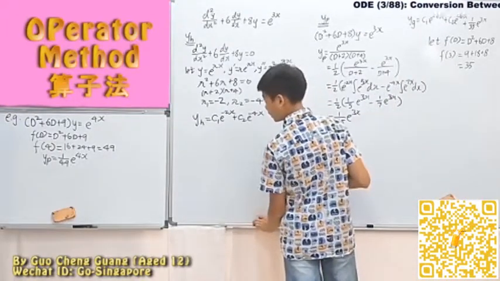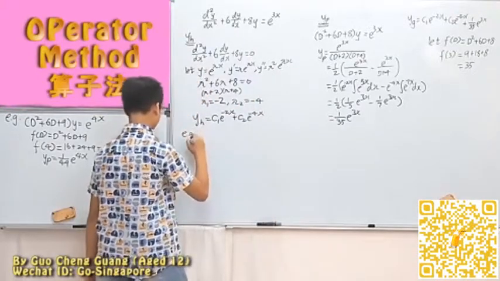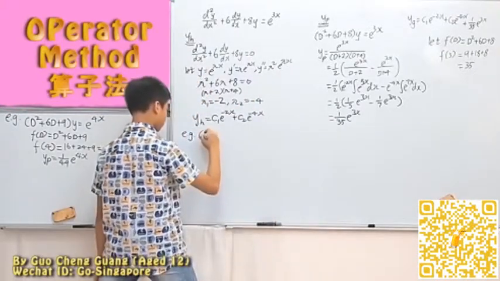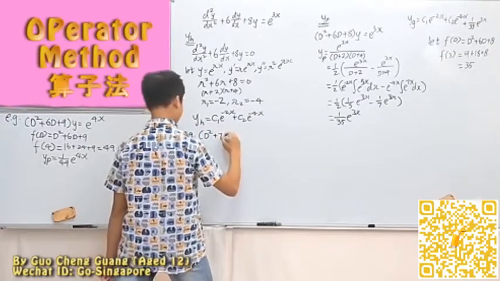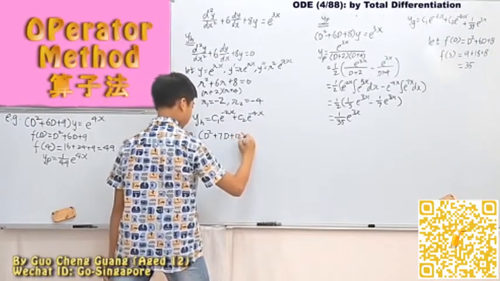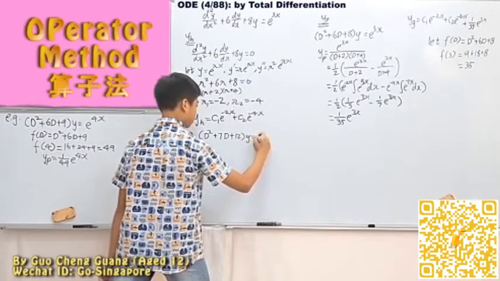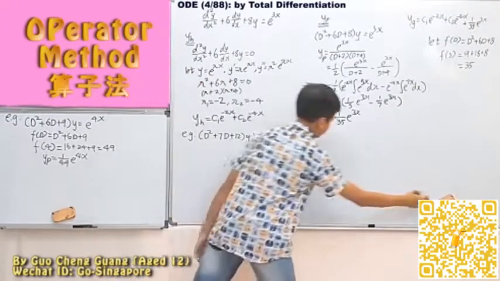Or if you still want another example, yes, I can give another example. For example, D squared plus 7D, then you add 12. So this is actually quite simple.